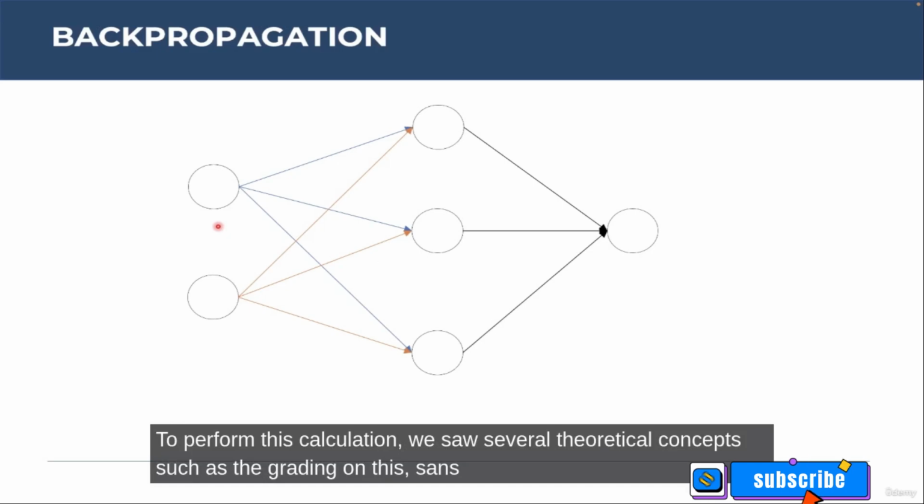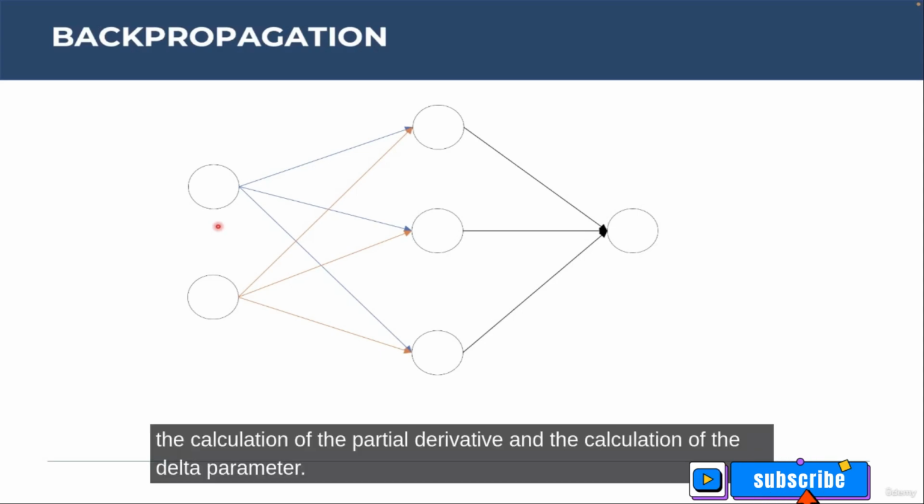To perform this calculation, we saw several theoretical concepts, such as the gradient descent, the calculation of the partial derivative, and the calculation of the delta parameter. Now let's focus on backpropagation, which is the algorithm that will update the weights.